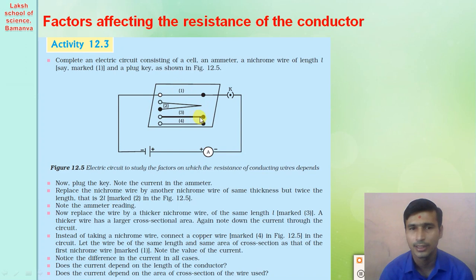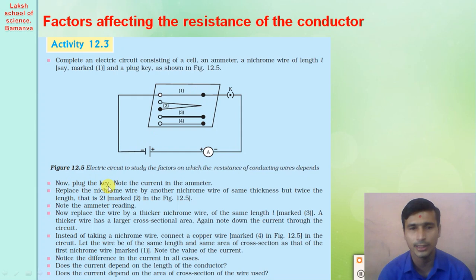Number 3, we take a thicker conducting wire, and number 4, we take a thinner conducting wire, right? So as per this circuit, we connect all the electric components, and first in this gap we place the nichrome wire of length L. So connect the circuit as shown in this diagram, right?